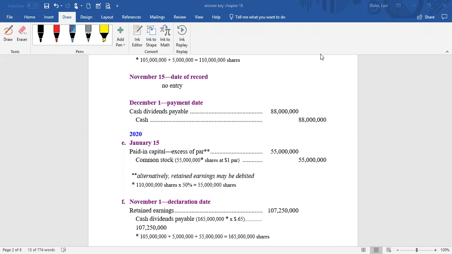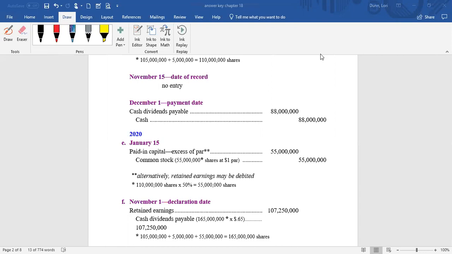So how many new shares of stock will be sent out? 110 million times 50%. The current amount of shares outstanding are 110 million. The company's sending out 50% or 55 million more shares as a stock dividend. To calculate that, we use par value to determine the value.